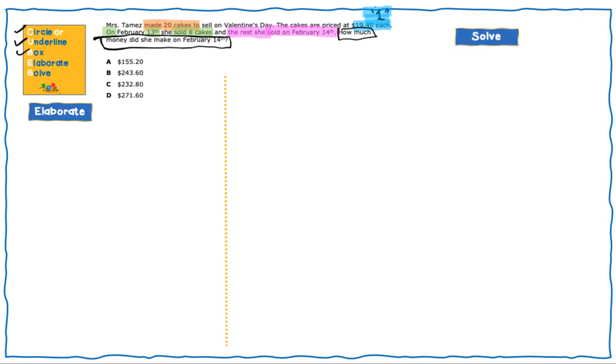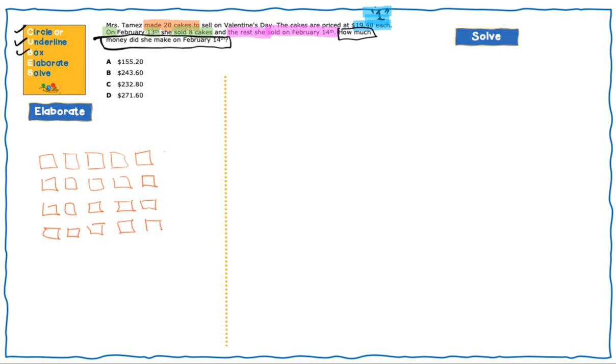So I'm gonna make 20 cakes, probably little rectangles. 1, 2, 3, 4, 5, 6, 7, 8, 9, 10, 11, 12, 13, 14, 15, 16, 17, 18, 19, and 20. And those are my 20 cakes.